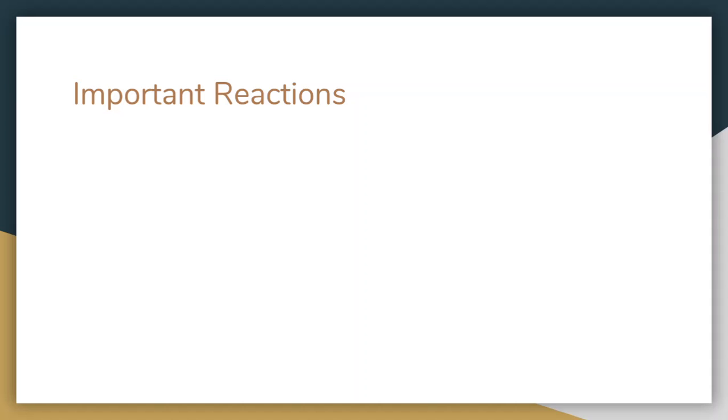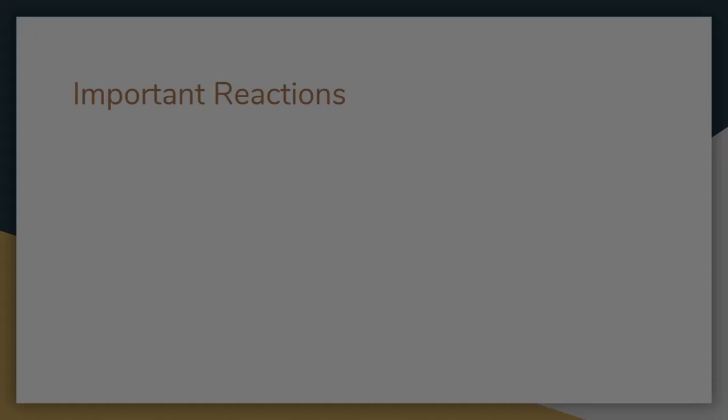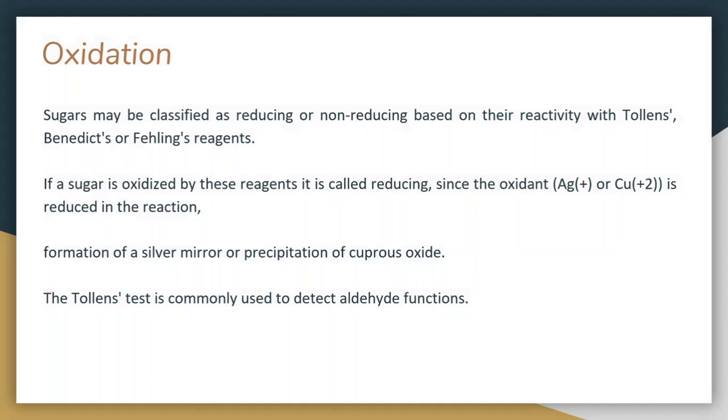Now coming to the important reactions of these carbohydrates. Starting with oxidation, sugars may be classified as reducing or non-reducing, so they themselves get oxidized. If some reagent is a reducing reagent, then it is itself getting oxidized.